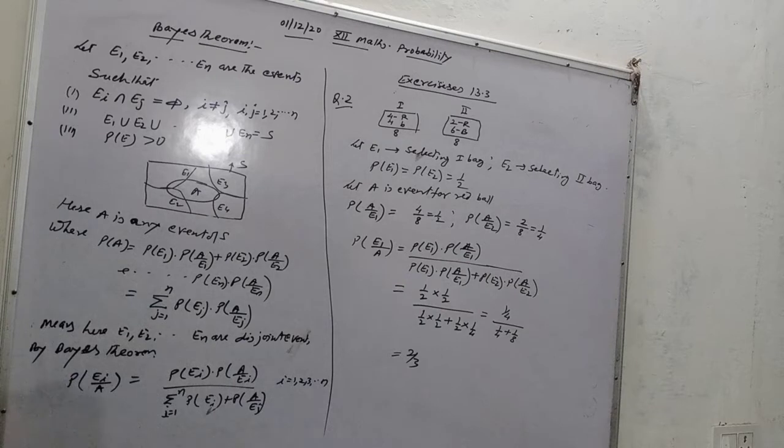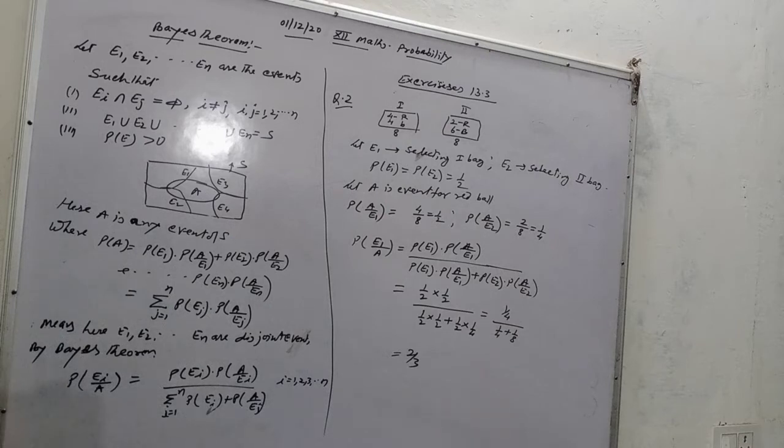This total is written as summation j equal to 1 to n of P(Ej) into P(A/Ej). Summation means adding all the results. Here E1, E2, and so on up to En are disjoint events.